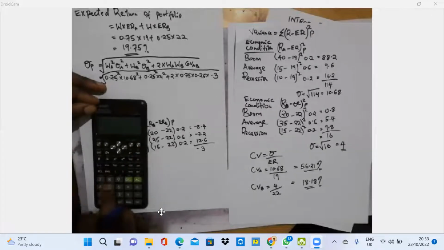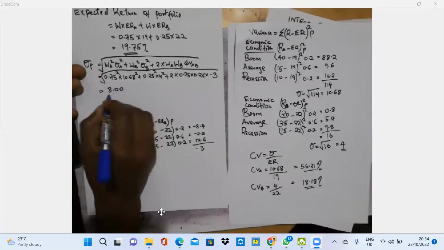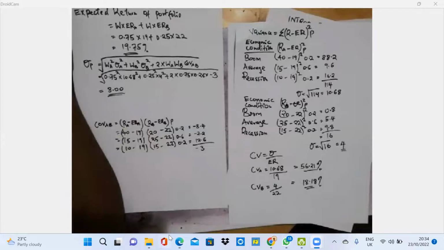So 0.75 squared times 10.68 squared plus 0.25 squared times 4 squared plus 2 times 0.75 times 0.25 times negative 3. Then you get the square root answer. So standard deviation of portfolio, I'm getting 8.00. I think that was the requirement.